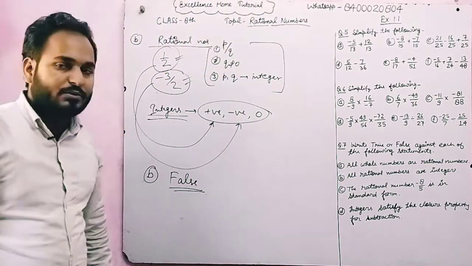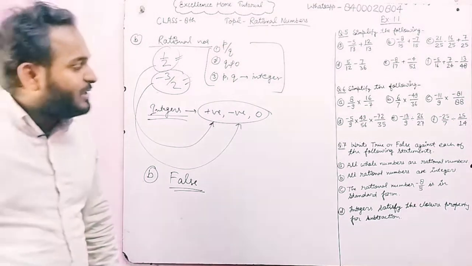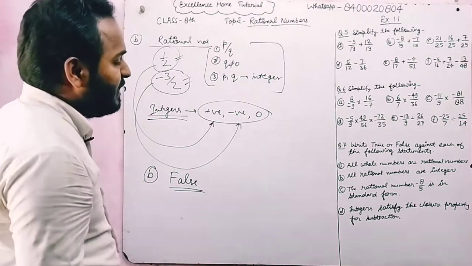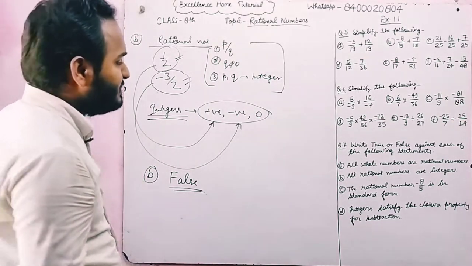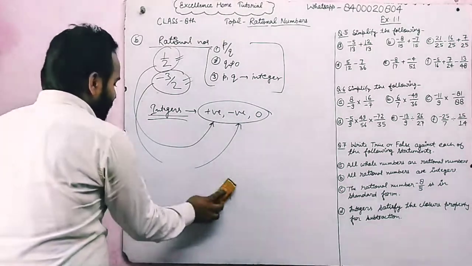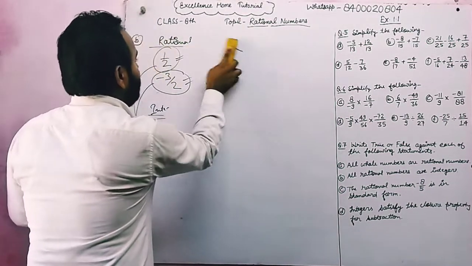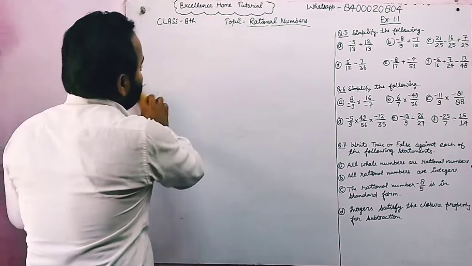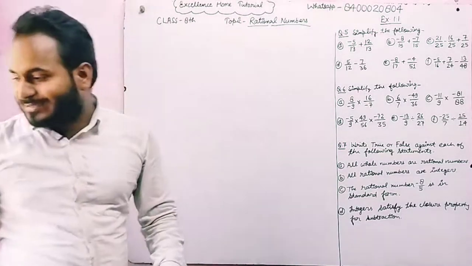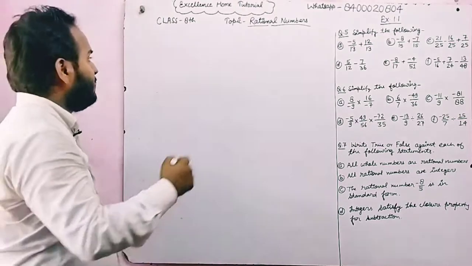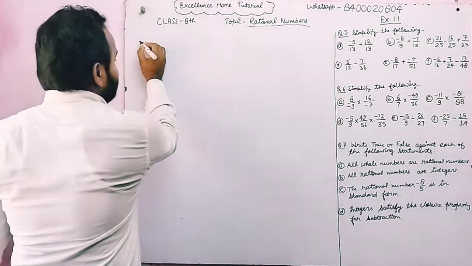So moving on, question number 7C. The rational number minus 8 by 5 is in standard form. Okay, so first of all you have to remember about standard form. Standard form of a rational number is a rational number which is in lowest form and the denominator must have a positive sign.